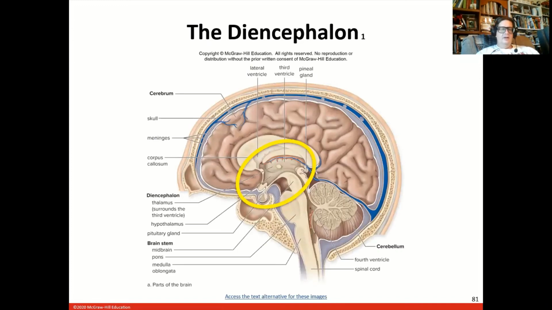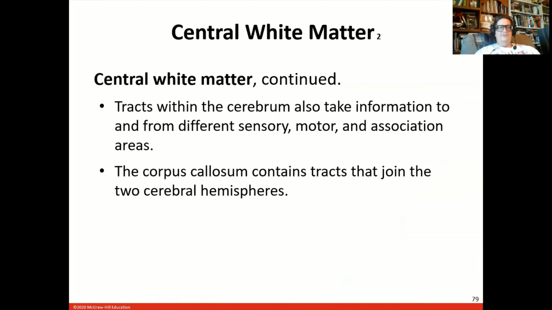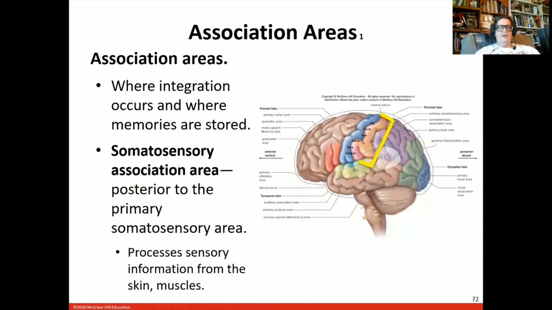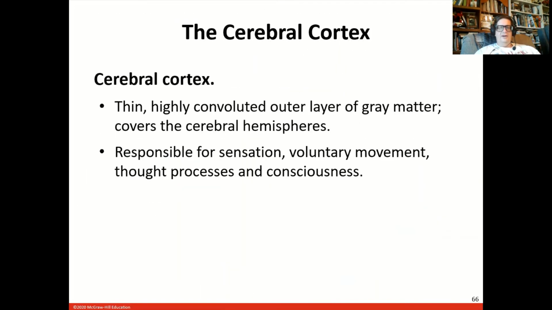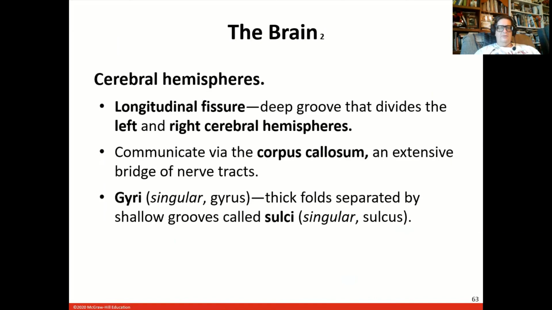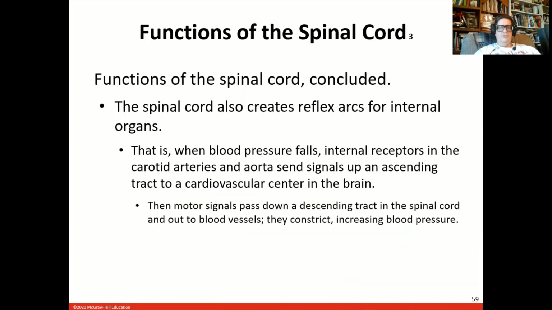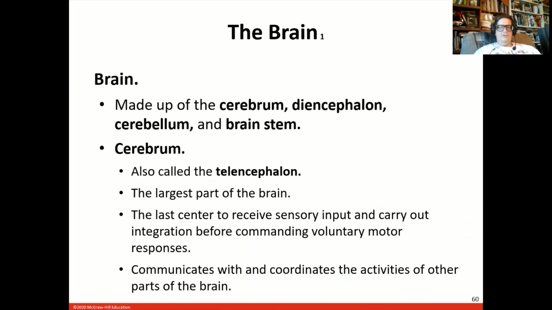So, okay, here we go. We're about to talk about the diencephalon. Everything we talked about before here was telencephalon. Sorry. The spinal cord, the brain, the four parts.